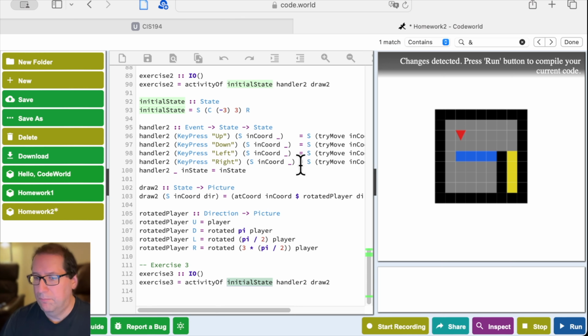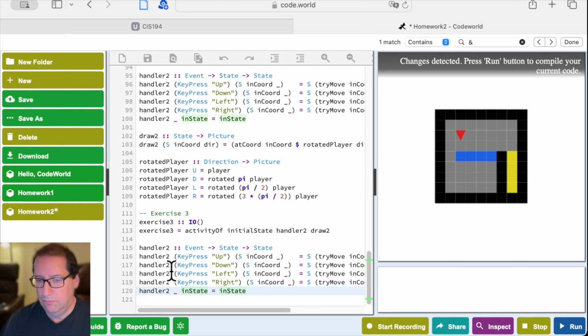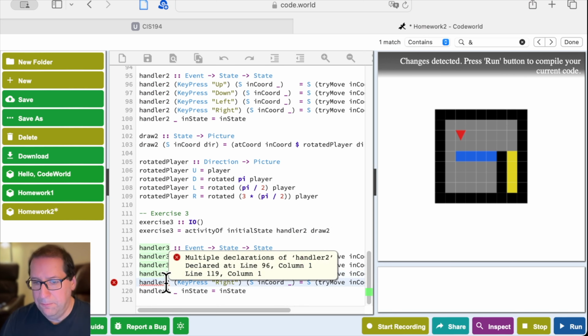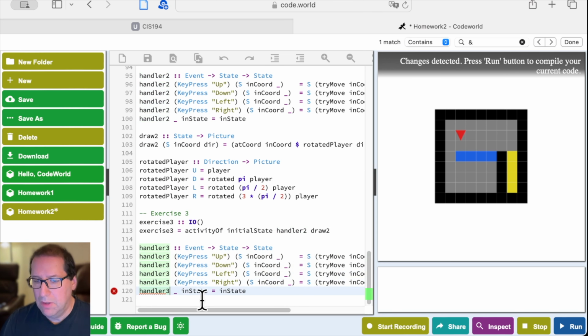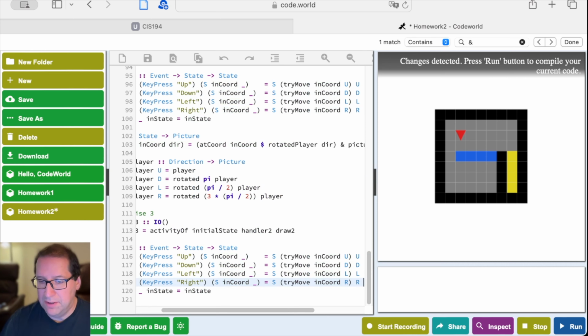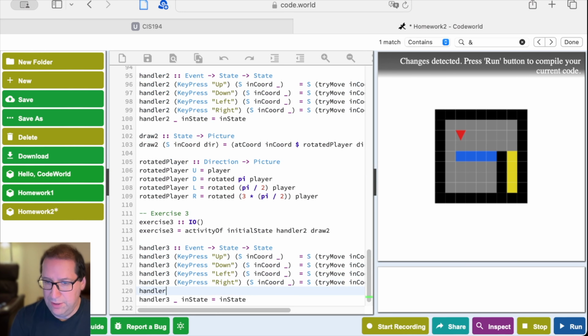Let's call it handler 3. We'll make it a completely different handler, even though that's kind of overkill. And then can't this just be, no, that one can't, but I can do this: handler 3, key press, I'm assuming it's all caps.